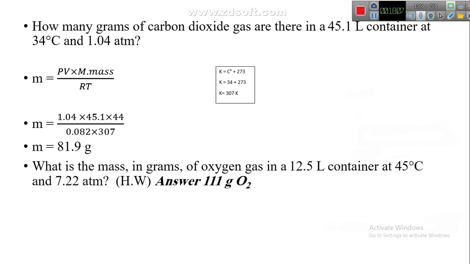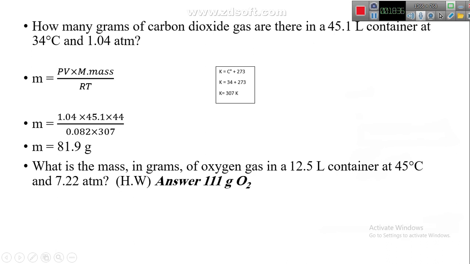Dear students, for you, this is homework. What is the mass in gram of oxygen gas in a 12.5 liter container at 45 Celsius degree and 7.22 atm? This is pressure, this is Celsius degree.